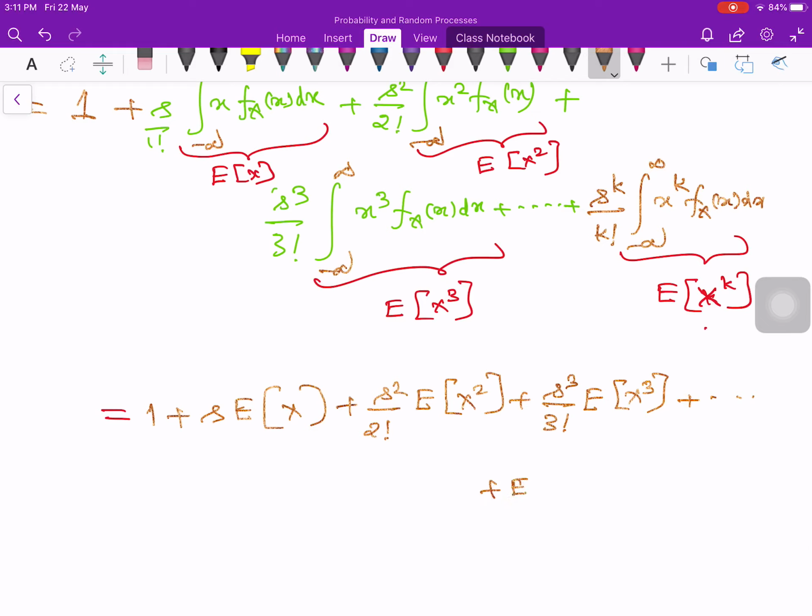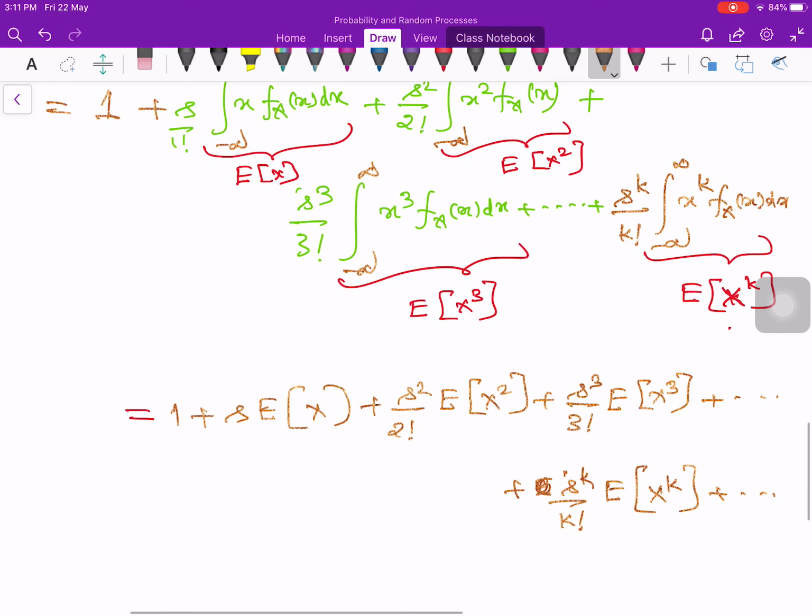The expected value of, this is s to the k over k factorial times the expected value of X to the k, and it keeps on going. So this is my characteristic function of the random variable X.